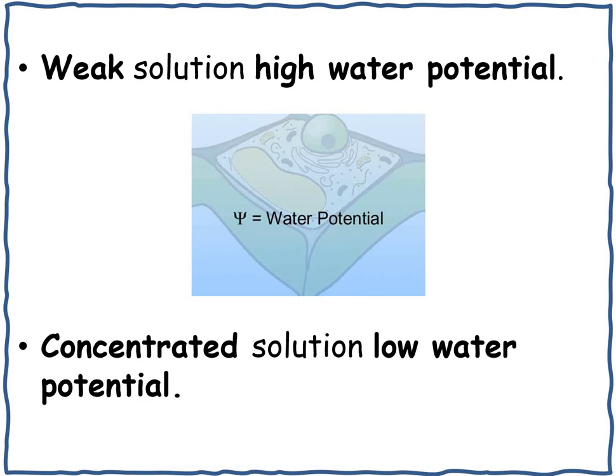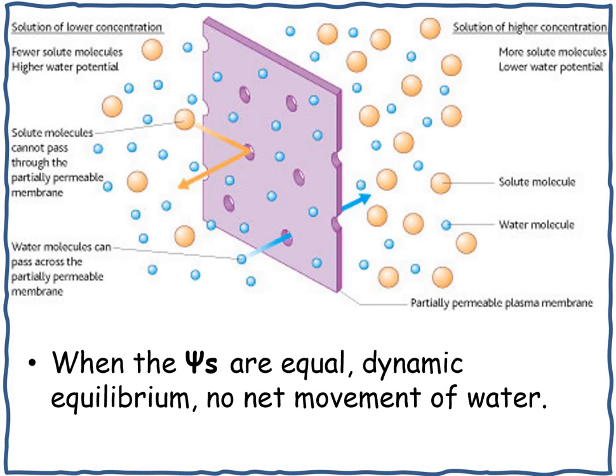Weak solutions or dilute solutions have a high water potential, closer to 0 or less negative, whereas concentrated solutions have a lower water potential or more negative. But when the water potentials are equal, so it's an isotonic solution, there is a dynamic equilibrium, so there's no net movement of water.